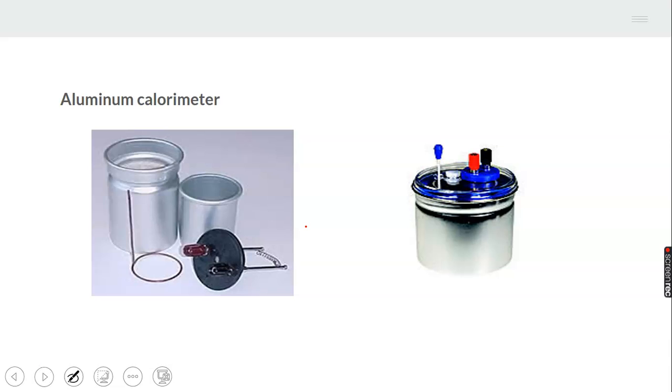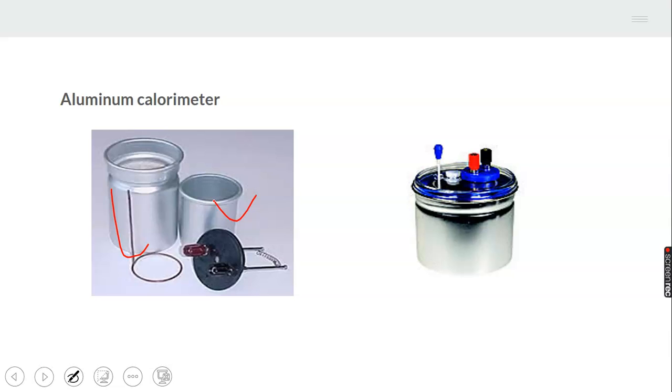I told you before that we have a copper calorimeter, aluminum calorimeter, bomb calorimeter, and so on and so forth. This is the aluminum calorimeter. You can see that this vessel is made of aluminum.